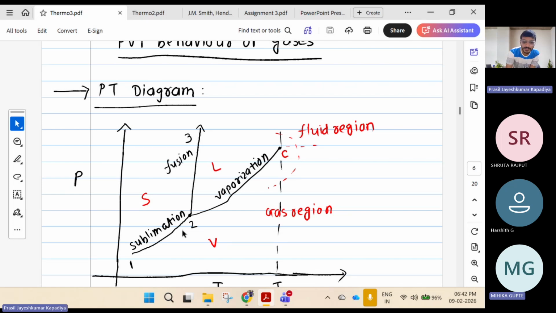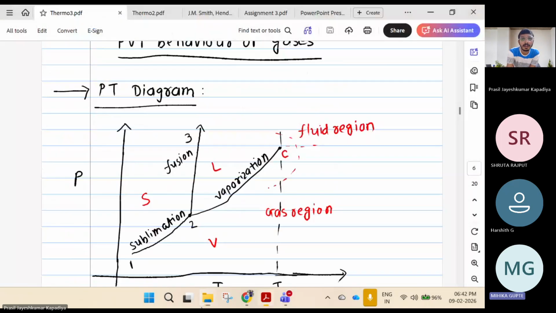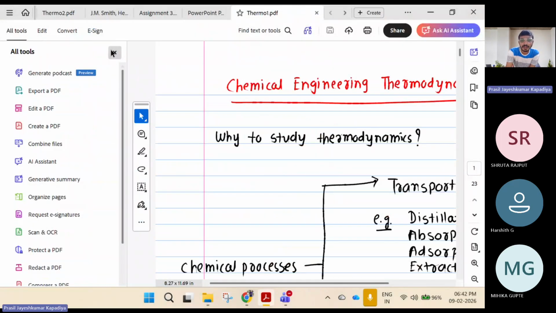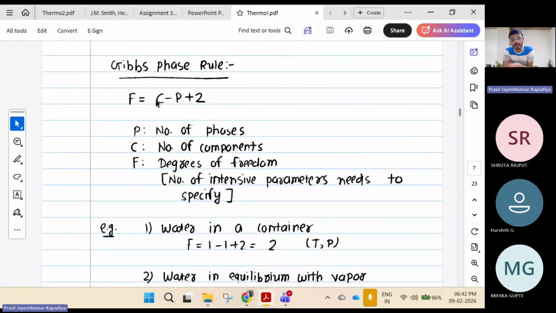This is the Gibbs phase rule, and F is the degrees of freedom. So how many intensive variables do we need to specify? What does this mean? Those are the variables independent of quantity that we need to specify. That is defined by C, the number of components, minus P, the number of phases, plus 2.